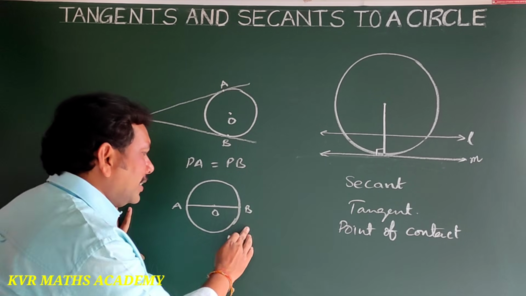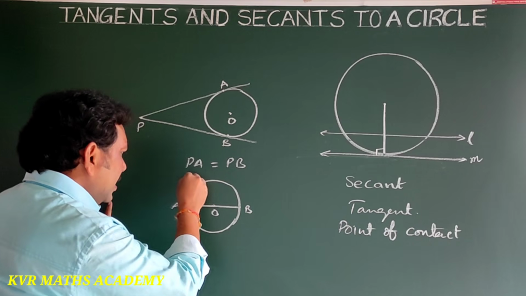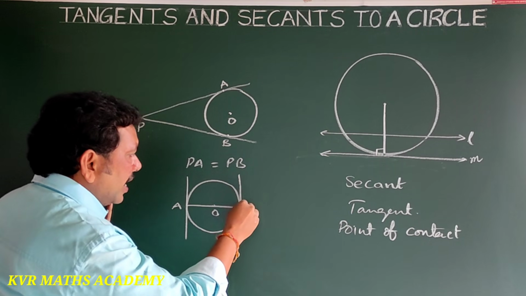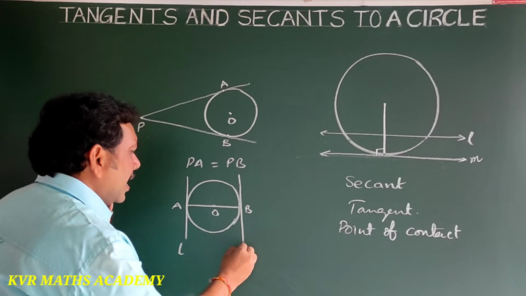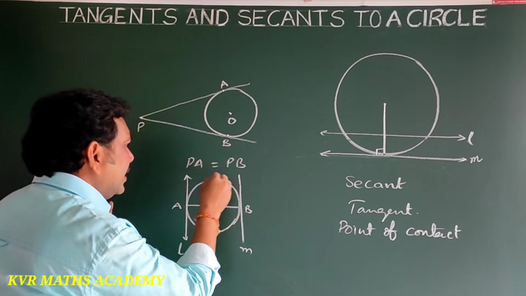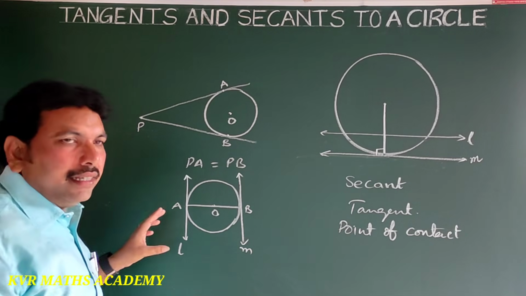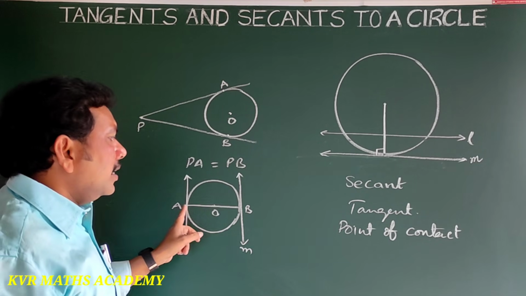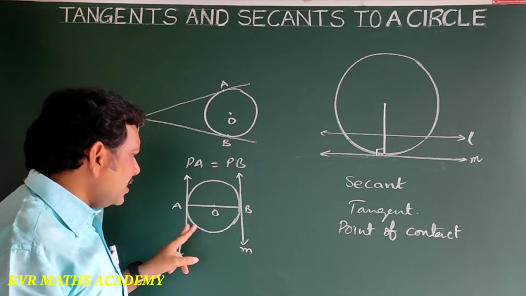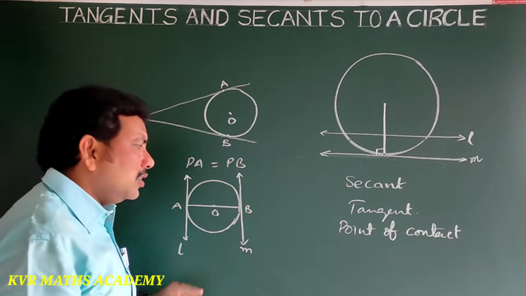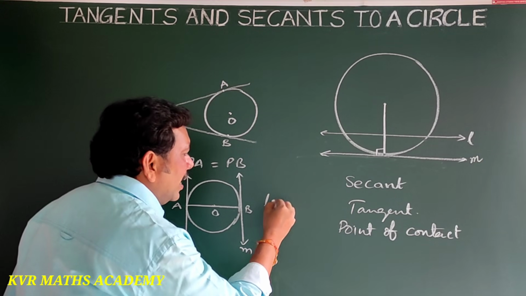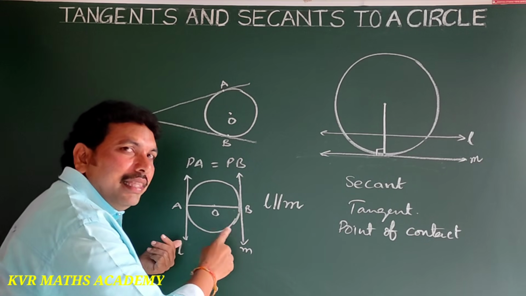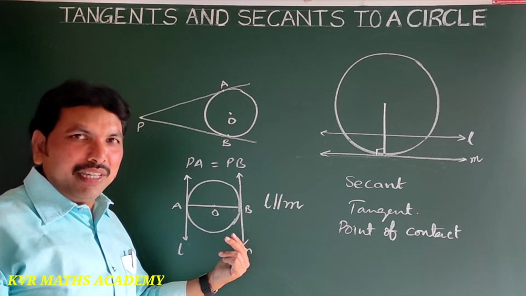Next, two tangents are drawn at the point of contact A and the point of contact B. So L and M are the two tangents, drawn at the end points of the diameter. Then what is the relation between L and M? L is parallel to M. These tangents will be parallel to each other.